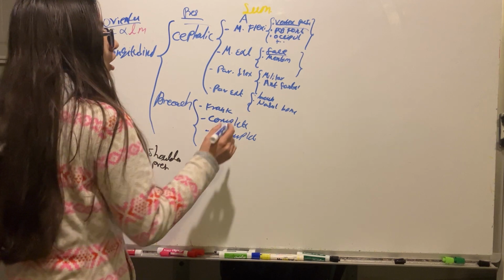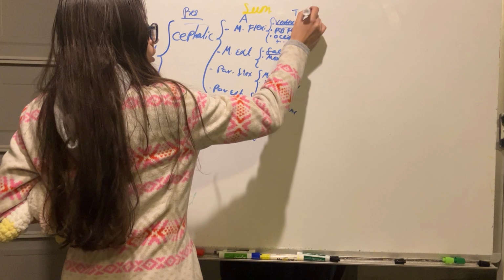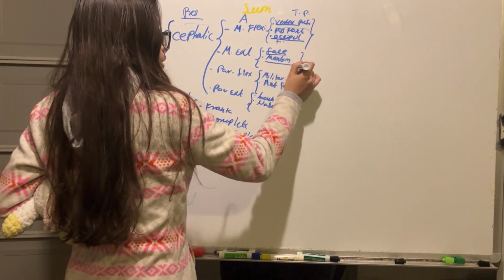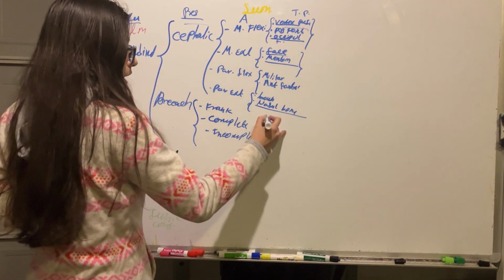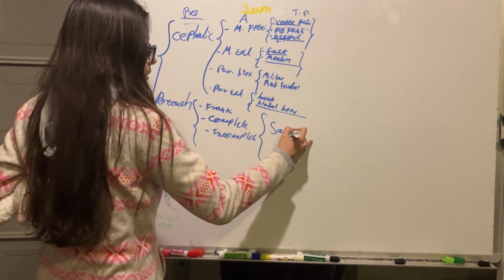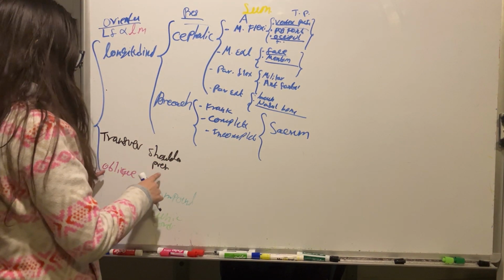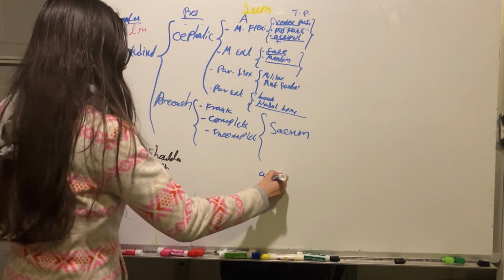Here the tokonomic point is the occiput, here the tokonomic point is the mentum, here the tokonomic point is the nasal bone, here the tokonomic point is the sacrum, and here the tokonomic point is the acromion.